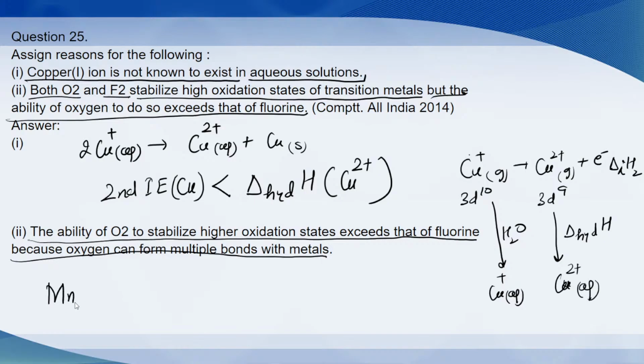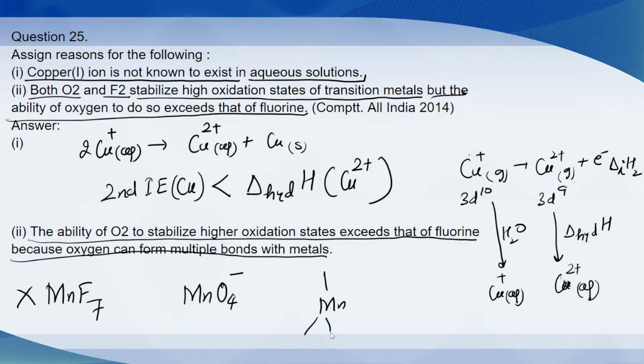That's why MnF7 does not exist. Manganese can show the +7 oxidation state, but not with fluorine. It can show it with oxygen only. Why? Because oxygen has the ability to form multiple bonds.